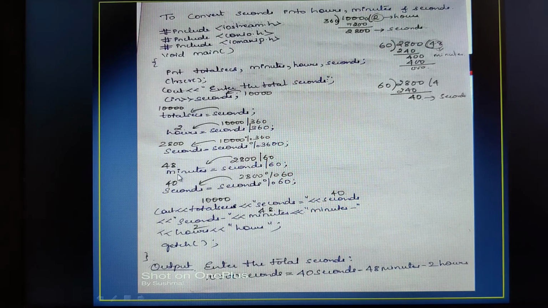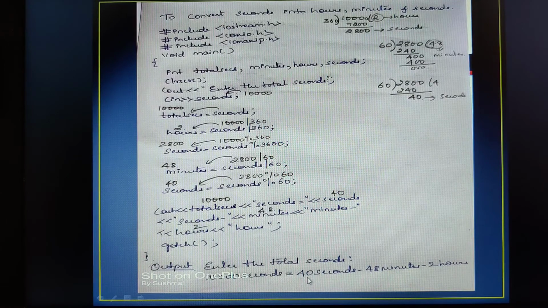Minutes is a variable, that is 46. Please kindly make the change. After that, minutes hyphen is again a constant string, so it should be enclosed in double quotes, followed by hours. Hours is 2. Then followed by hours. So this is how I have to write the Cout statement if I want it in this particular format.